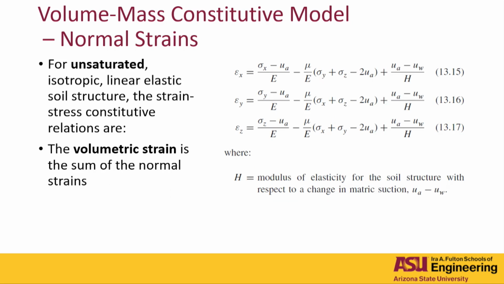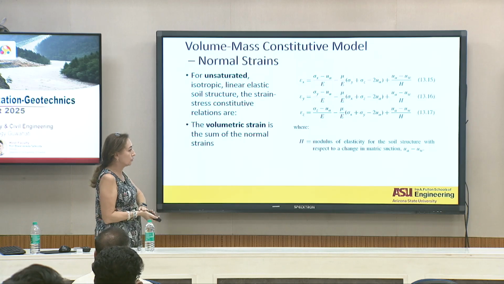When you get into unsaturated isotropic conditions, basically you're going to need to add an extra component, okay? I divided the normal stress, the water, I put it with the total stress, so I don't use effective stress, and I put on this side the matric suction contribution, which is going to have its own modulus. In this case, it's going to be the modulus of elasticity for the solid structure with respect to change in matric suction, okay?